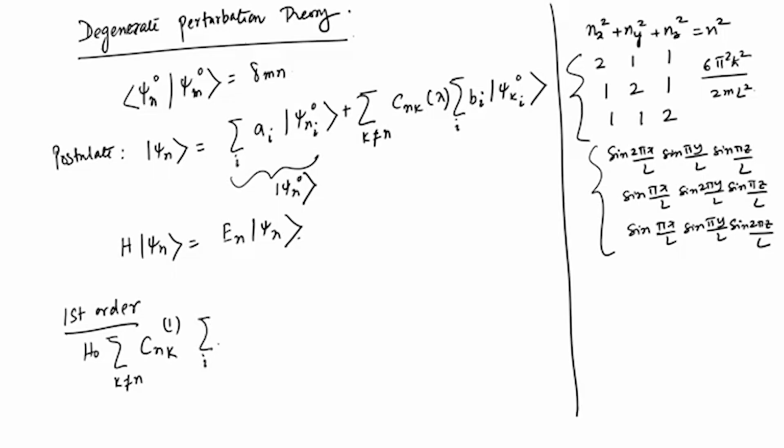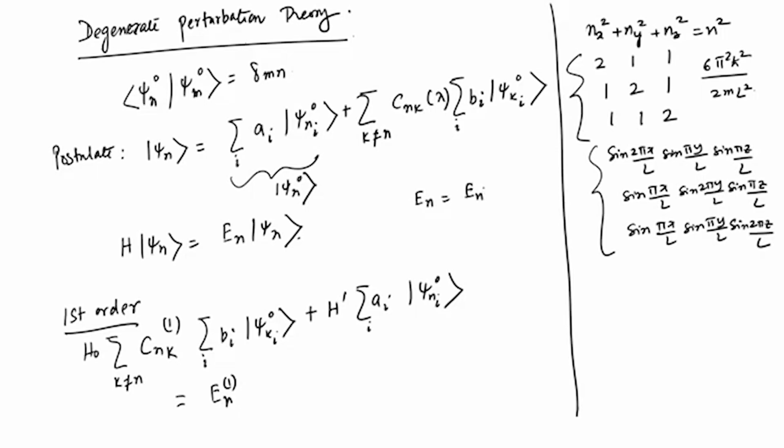And then there is a sum over I b I psi k I 0, plus H prime sum over I a I psi n I 0, and this is equal to E n 1, which is what you want, that is the first order correction to energy. And so, basically E n is equal to E n 0 plus lambda E n 1 and so on. Okay.